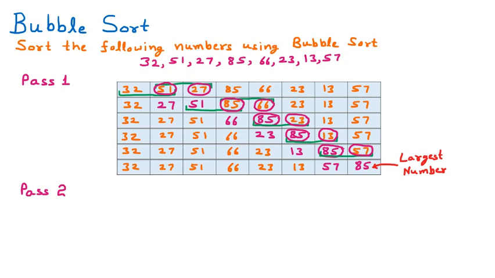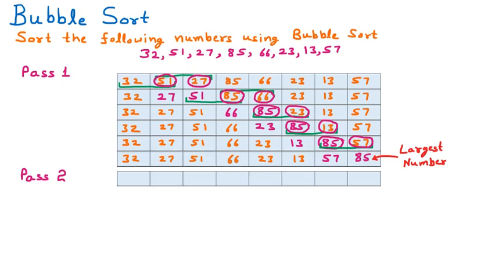To understand pass 2, we are going to take the last row where we stopped. So in pass 2 we have taken the row with all those numbers we left earlier: 23, 13, 57 and 85.